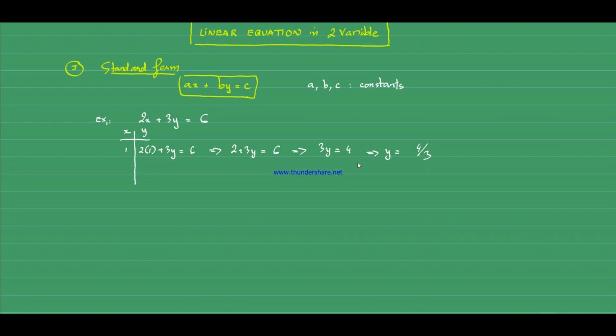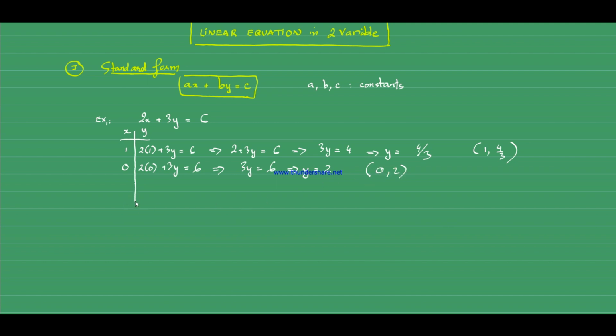So if x equals 1, we have y equals 4 over 3. How about x equals 0? You have 2 times 0 plus 3y equals 6, then 3y equals 6 and y equals 2. So we have the point (0, 2).